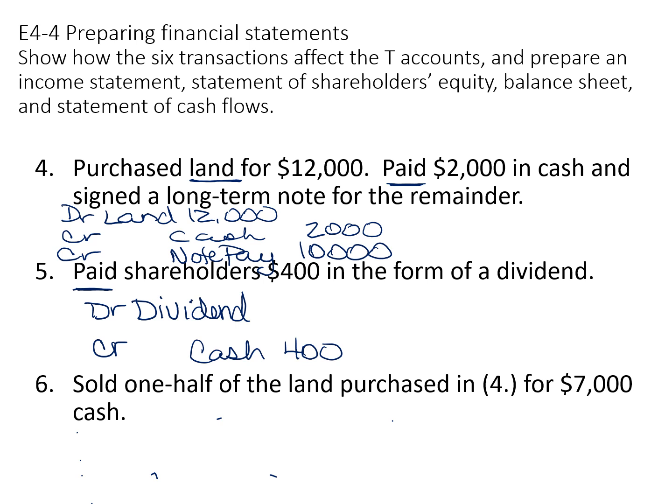So notice I'm debiting dividends to make dividends go up $400, and I'm crediting cash to make cash go down $400. But remember, when I increase dividends by debiting it, I'm really reducing my owner's equity account because debits decrease overall.